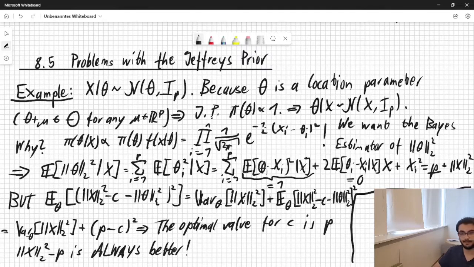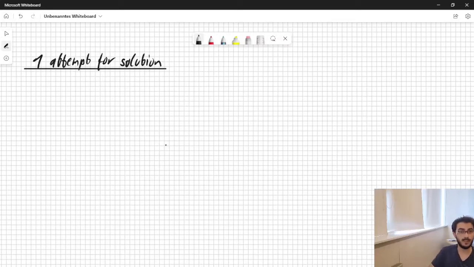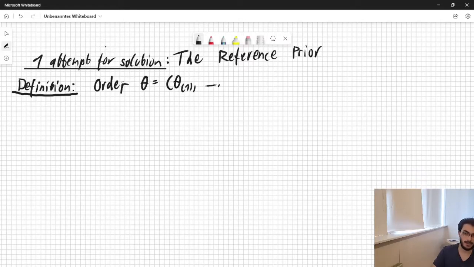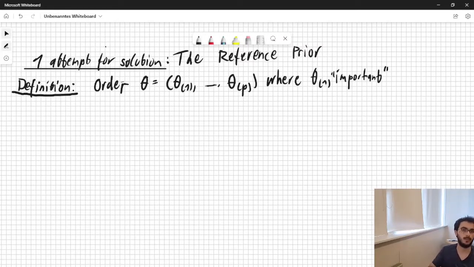So how do we solve this? I'm going to present one way to solve this. There are many, but one simple way is to just still use one-dimensional Jeffrey priors. It's called the reference prior approach. We order the values of theta, since we're multidimensional, by how much we're interested in them. So we say we have theta 1 up until theta p, where theta 1 is the most important value we're interested in, and the other values have decreasing importance.